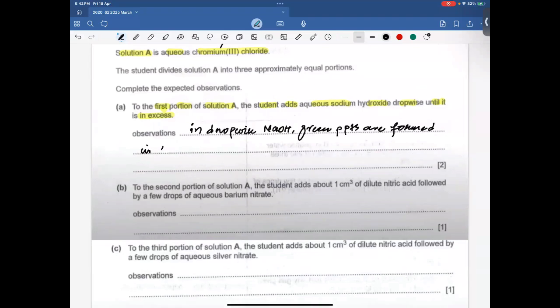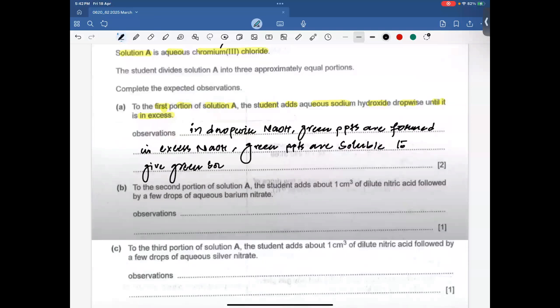In excess NaOH, the green precipitates are soluble to give a green solution.